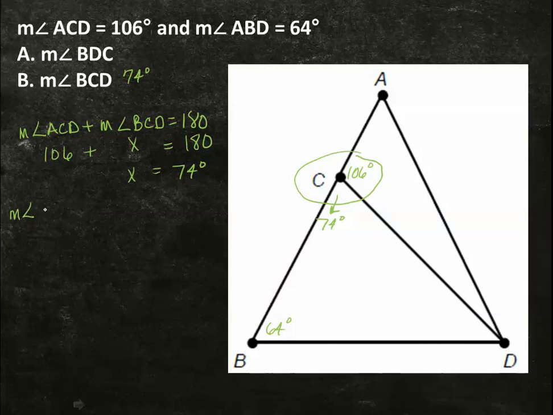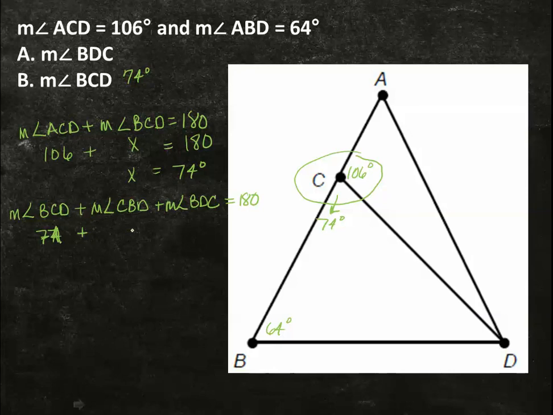So I've got angle BCD plus the measure of angle CBD plus the measure of BDC is going to equal 180 degrees. I just found out that BCD is 74 degrees.